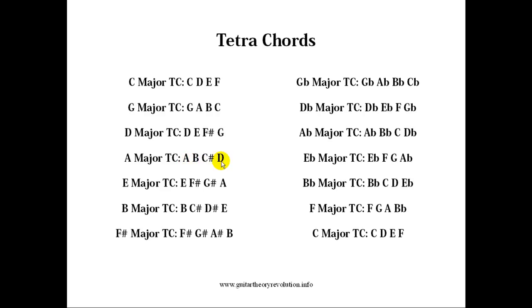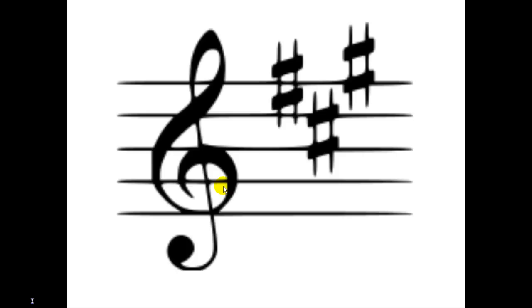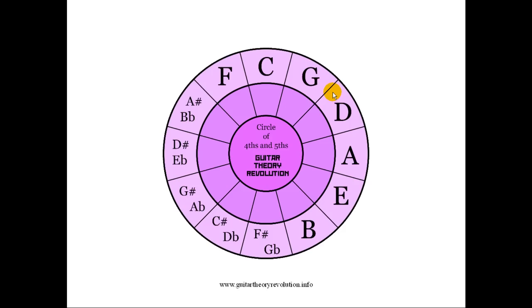A, B, C sharp, D, E, F sharp, G sharp, A. 3 sharps. So that means this piece of music is in the key of A major. So that's just one of the many uses of the circle of fourths and fifths.